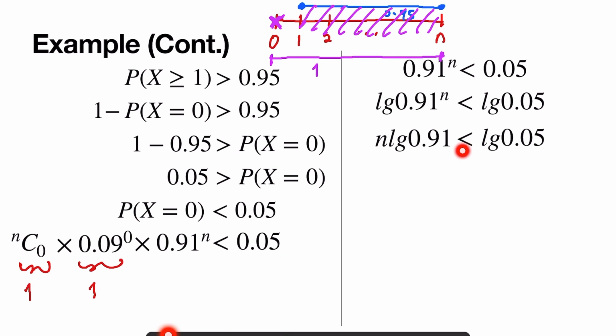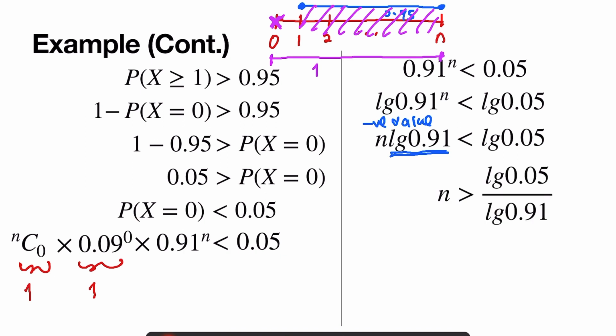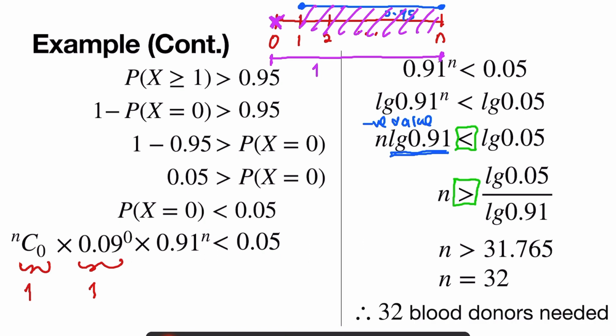Why do we change the symbol? Because log 0.91, the value is negative. So we need to change the symbol, then we're going to get n greater than. Okay, just now it is less than, now it's become greater than. Press your calculator, you're going to get n greater than 31.765 and your value of n is 32. What does 32 mean? It means that we need 32 blood donors. Okay.